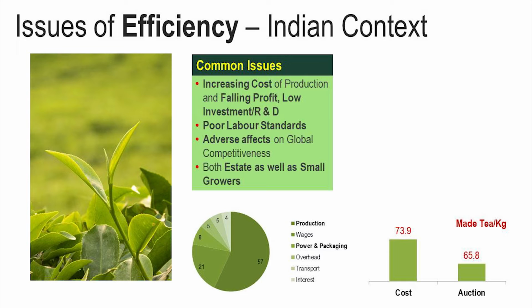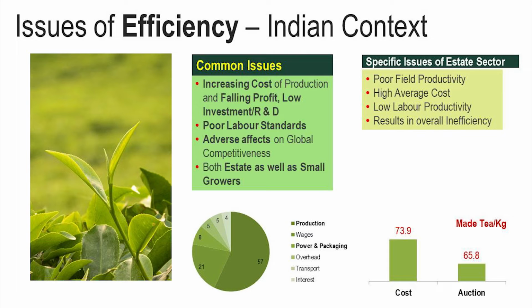These are the two costs which are increasing, and percentage wise it is close to 40% and also 21% for these. So the cost is increasing, the price drawn through auction is limiting, and this is adversely affecting the profitability in the sector. In terms of cost, the two costs come out very sharply: the total production cost, the field cost of production, and the power and packaging cost. So this is what is happening right now.